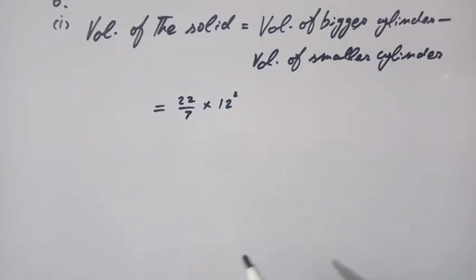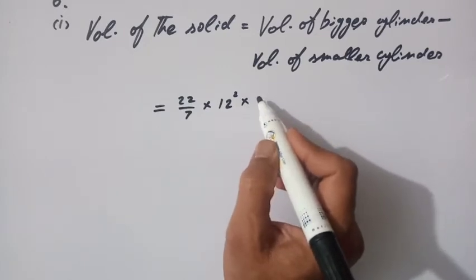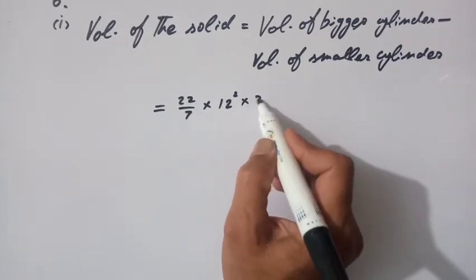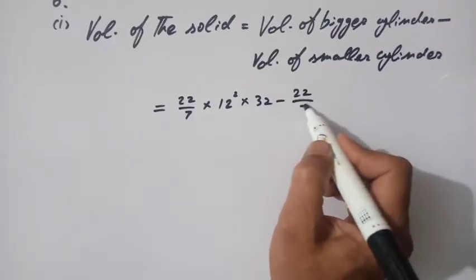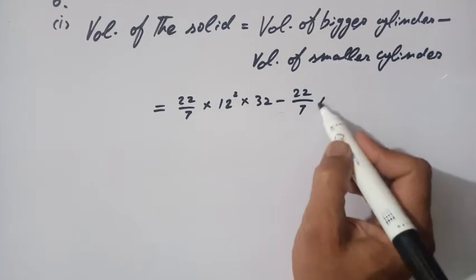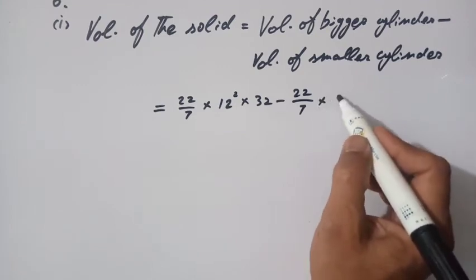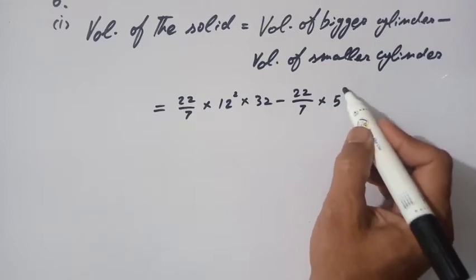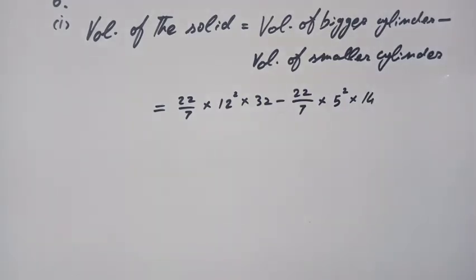Over here we are given the diameter 24 centimeters, so the radius would be half of it, and then multiplied by height of the cylinder, that is 32. Then for the smaller cylinder, pi multiplied by 5 square, since the diameter is given 10, so half of it is the radius, multiplied by height of the smaller cylinder, that is 14.